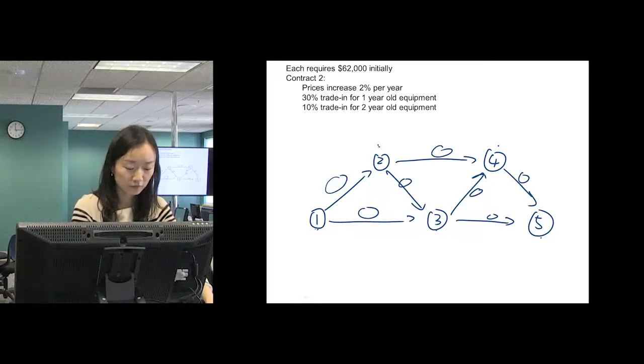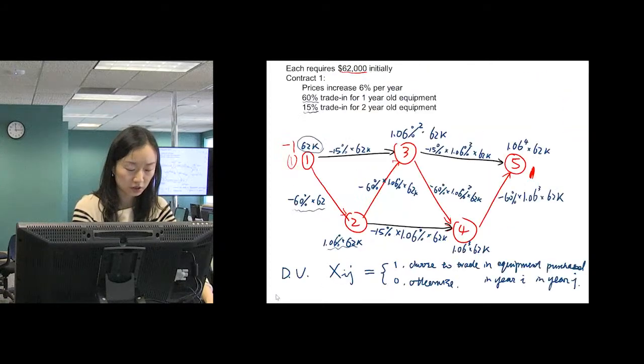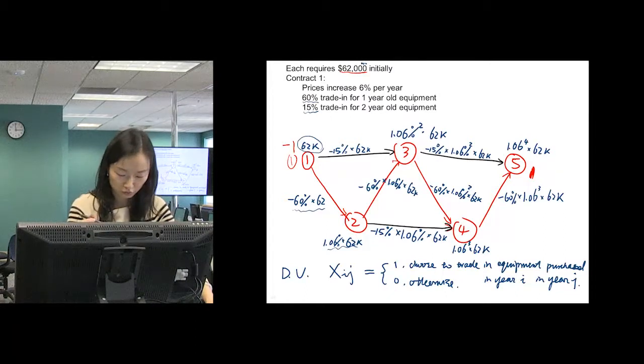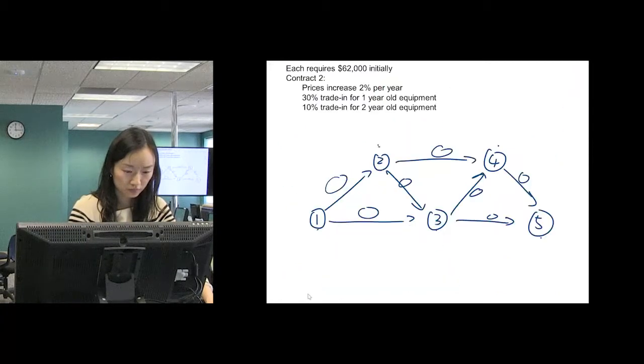Follow the same logic we used. We just change those, the 6% now will be changed to 3%, the 60% will be changed to 30%, and this 15% will be changed to 10%. Okay, and then you solve this second problem.